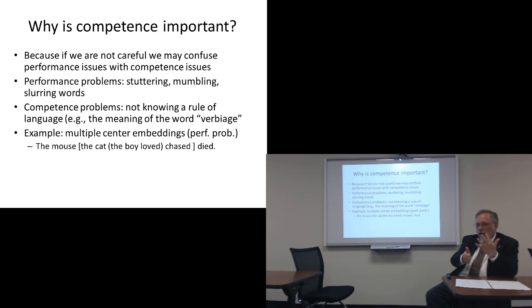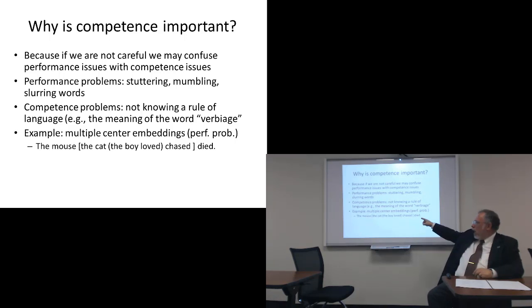And now you're at 6, right? And then you say loved, you're at 7. You still didn't get the verb for the mouse. Then you get chased, and that's still not the verb for mouse. And your short-term memory says, sorry, too much stuff, I'm going home. And then your brain goes, I don't understand this sentence. Now, this is a performance problem, not a competence problem.